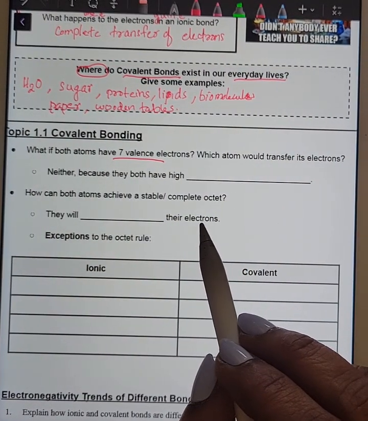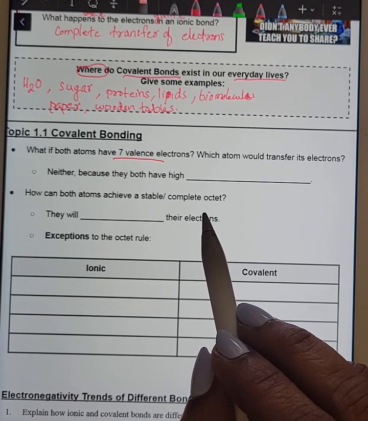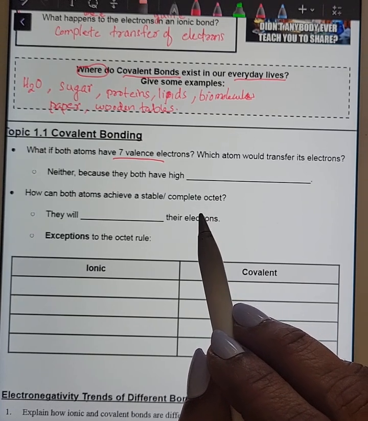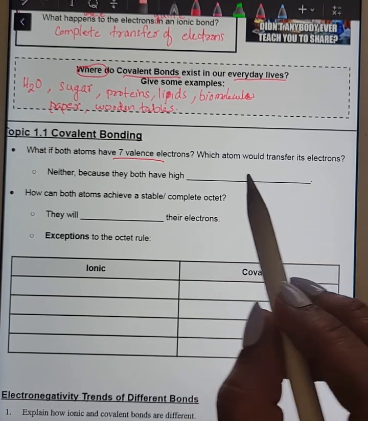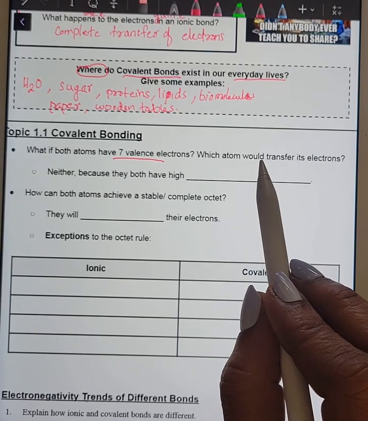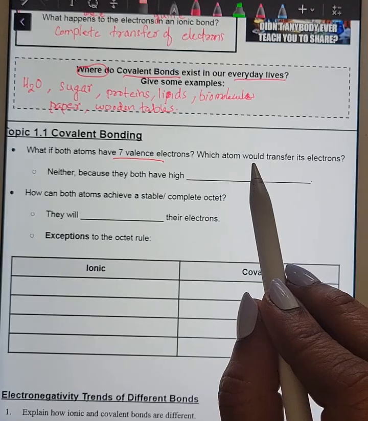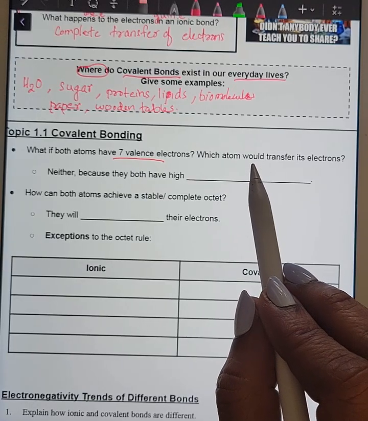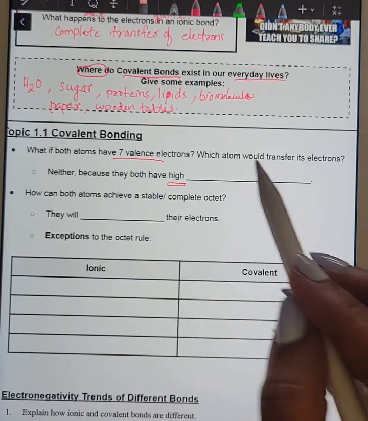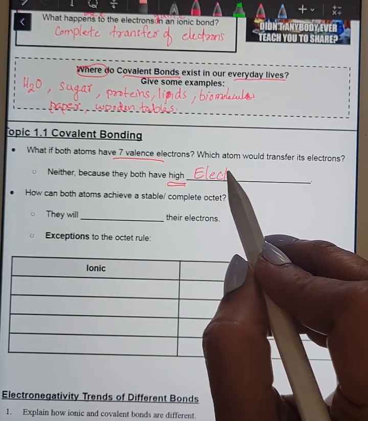Also, 17th group elements, which are halogens, have a higher value of electronegativity, so they won't lose their electrons. But if there are 2 atoms, both of them have 7 electrons. None of them will lose or gain. The reason is they both have higher electron affinity.